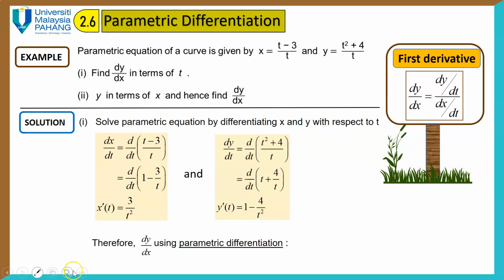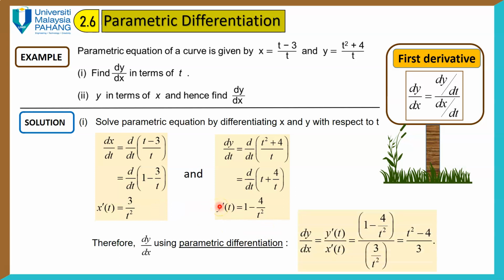Therefore, to find dy/dx using parametric differentiation, we use these two pieces of information: y prime of t divided by x prime of t. You substitute back what you have here and here into this, and then simplify. So this is your dy/dx for the parametric equations.